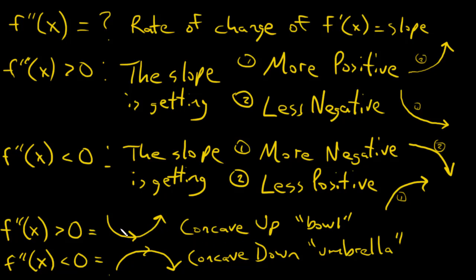I can't draw it because I'm not an artist, but you can picture a hand cupping upward like it is a bowl shape. F double prime less than 0 is going to be going less positive or more negative, and that is going to have curvature that is opening down, which is concave down or the umbrella shape. Okay? And that is all there is to this.